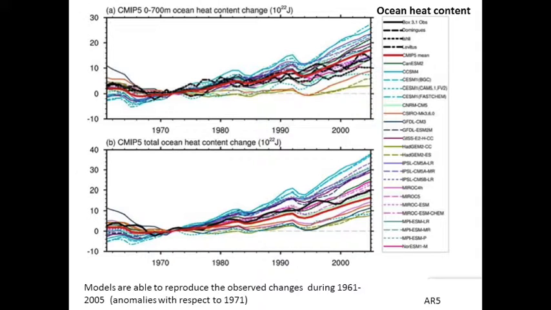This first figure is for 0 to 700 meters, or the first 700 meters of the depth of the ocean, and this one here is the total ocean, or all the layers of the ocean. And both are showing an increase of this heat.